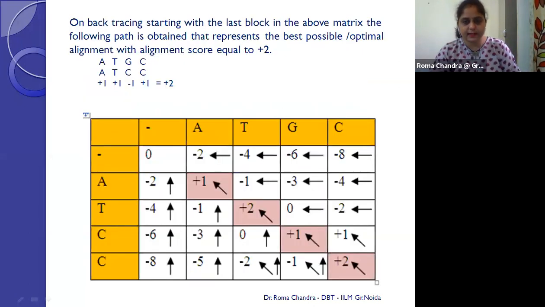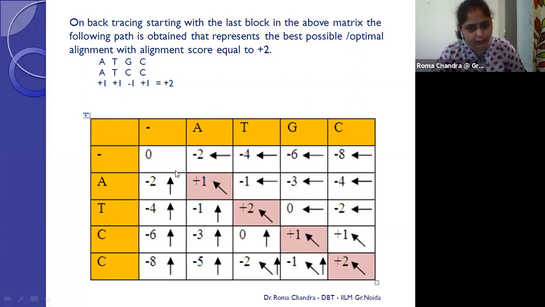This is the matrix. I had filled this matrix, and here you can see I had put the arrows as well. So while going with the process of matrix filling, we need to keep on adding the arrows. Okay, why arrows? Why is this arrow here?